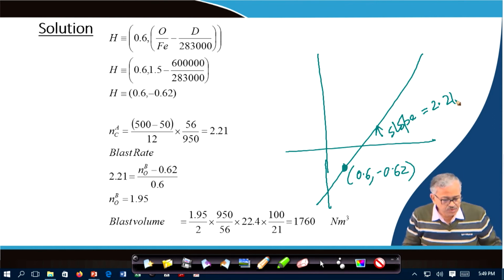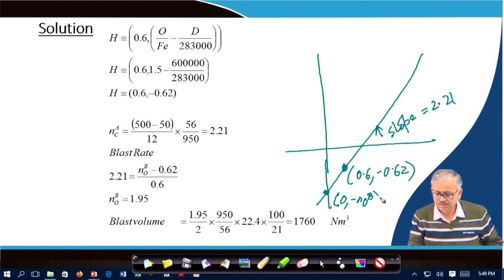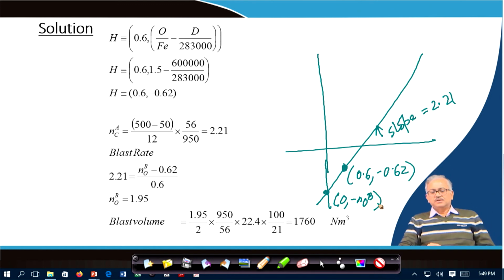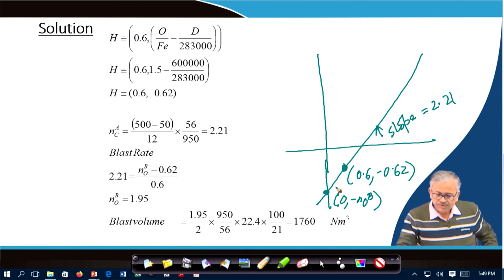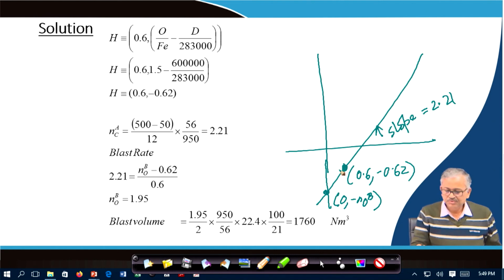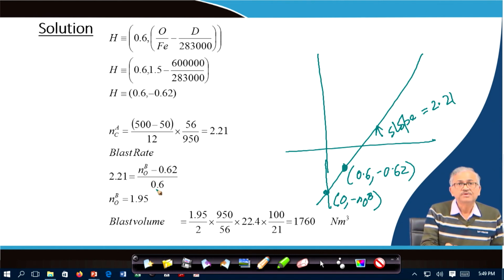If this is known to you, then this point, that is your NOV, x is 0 minus NOV, right. So, you know the slope, you know the 2 points. So, from there, if you just write this in this form, you can calculate the blast rate.